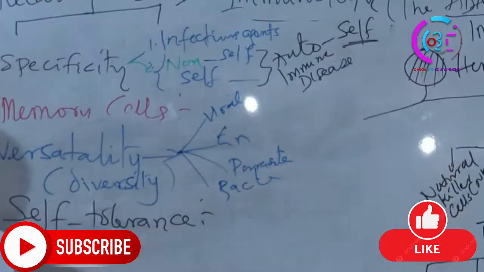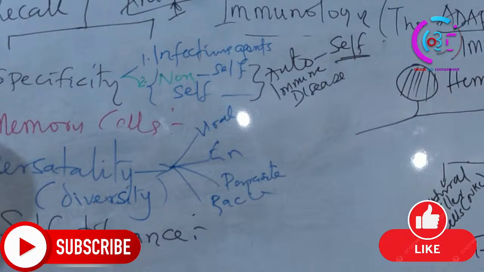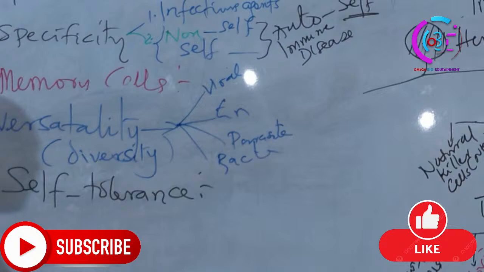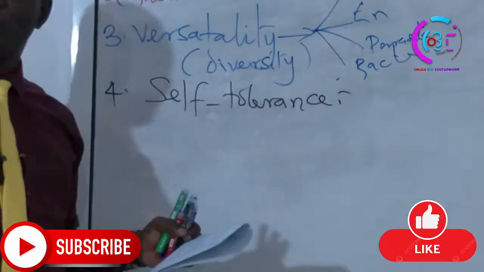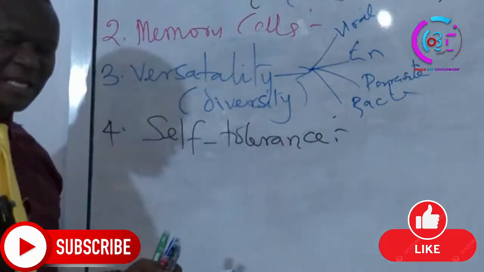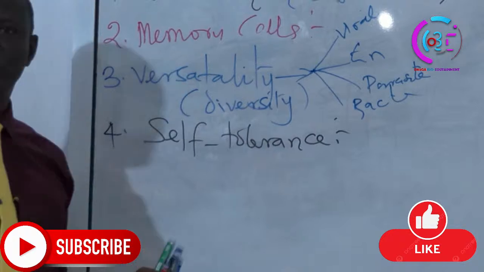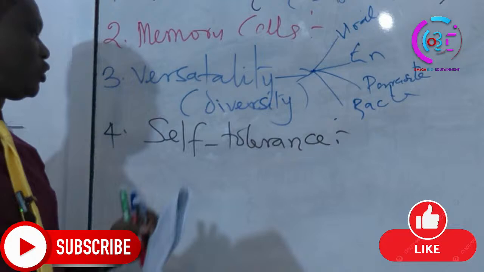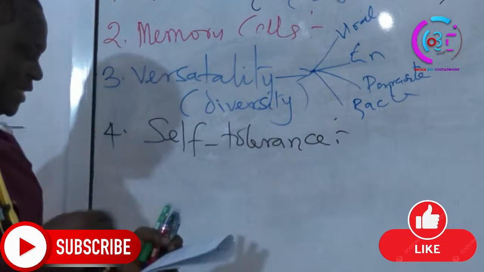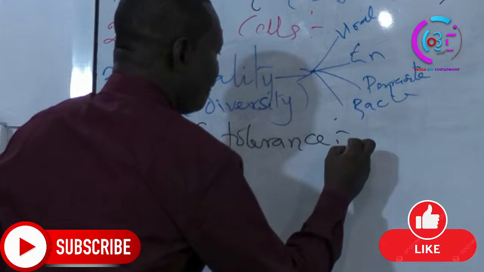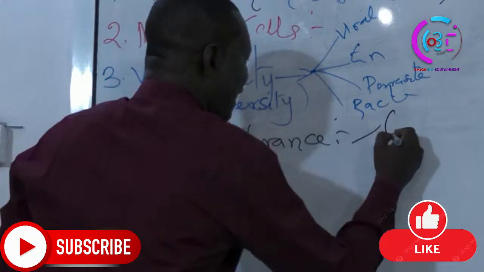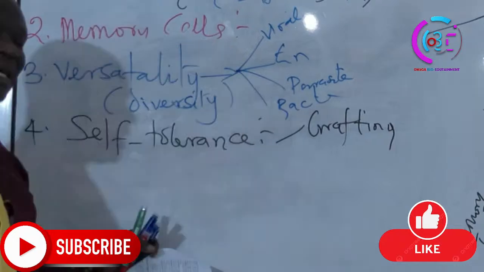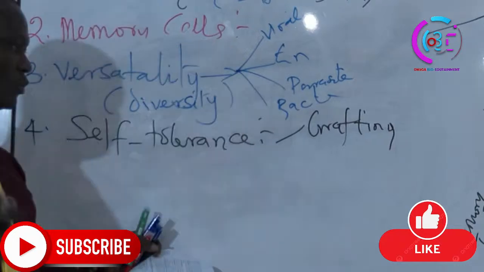Anyway, the fourth aspect is the mechanism that will make sure that the host is able to tolerate the cells that are coming from the host. And this is exactly what they use in what is called organ grafting, or organ transplantation.